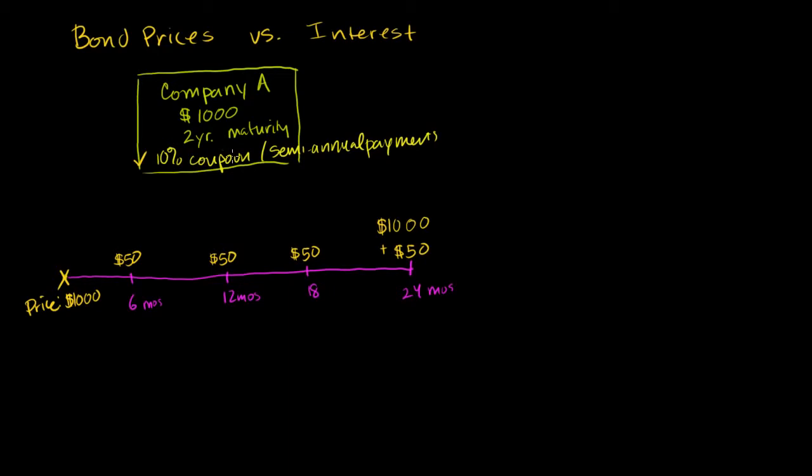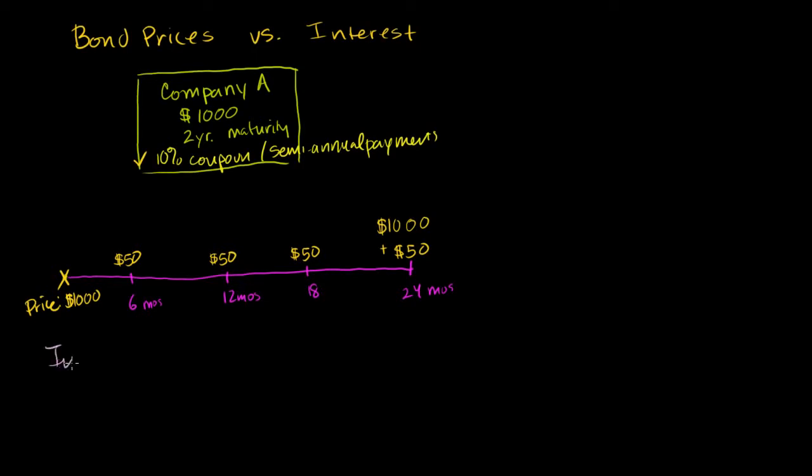Now, let's say that the moment after you buy that bond, just to make things a little bit, obviously interest rates don't move this quickly, but let's say the moment after you buy that bond, or maybe to be a little bit more realistic, let's say the very next day, interest rates go up. If interest rates go up, let me do this in a new color.